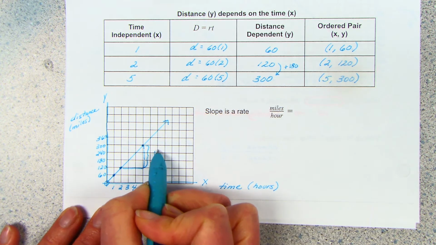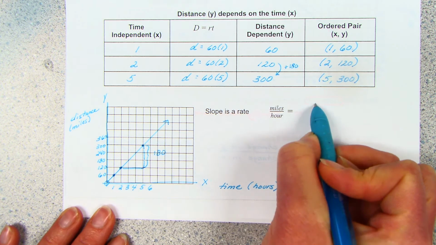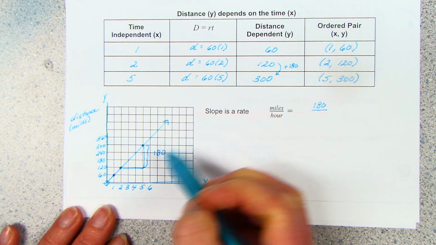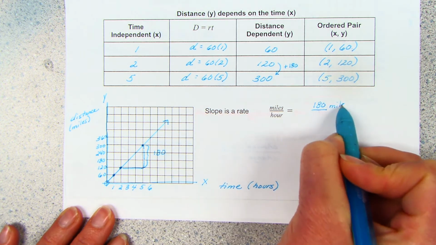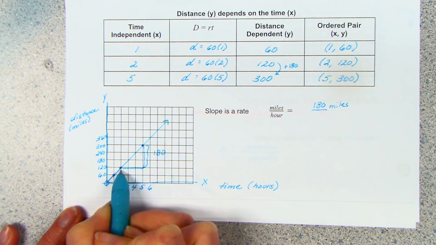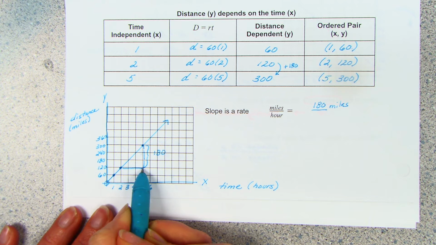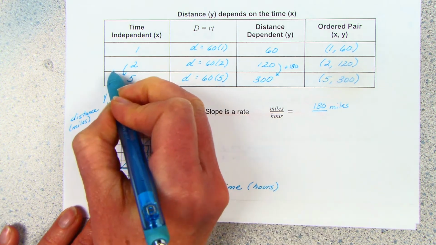So this is 180. That's the change in the y value. You went 180 miles. And the x is going from 2 to 5. So the change from 2 to 5 is 3.